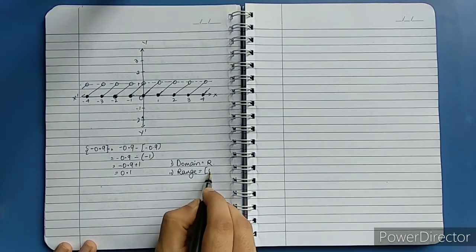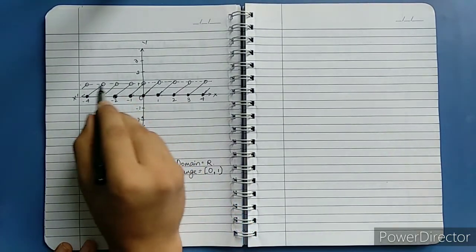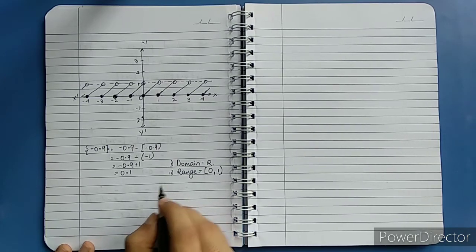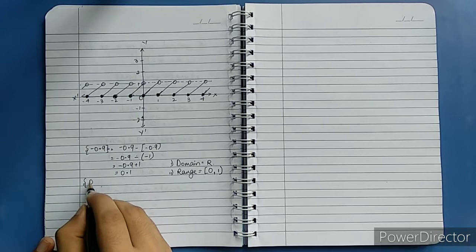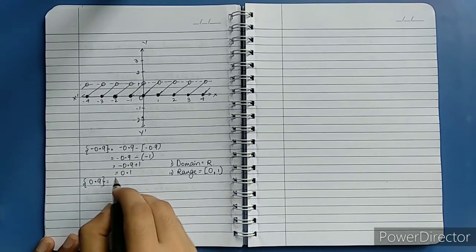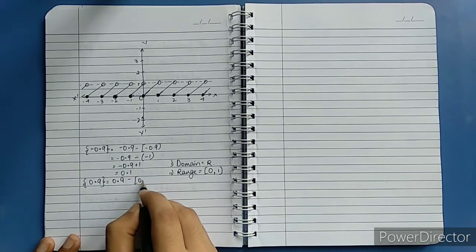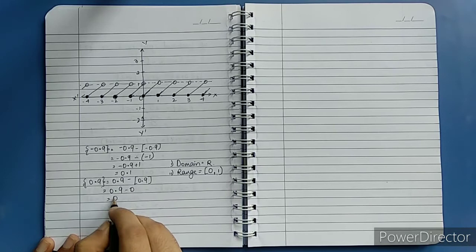So the range is from 0 until 1, excluding 1, because it never attains the value 1 on the y-axis. And see, the fractional part of minus 0.9 is 0.1, and the fractional part of 0.9 will be 0.9 minus floor of 0.9. Floor of 0.9 is 0, so 0.9 minus 0 is 0.9.